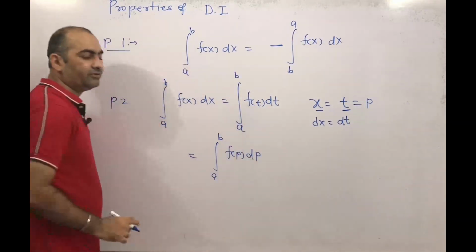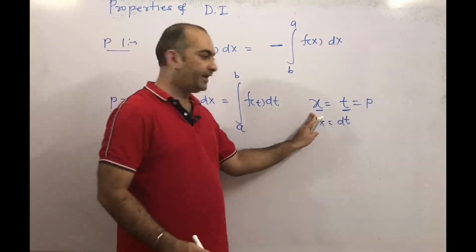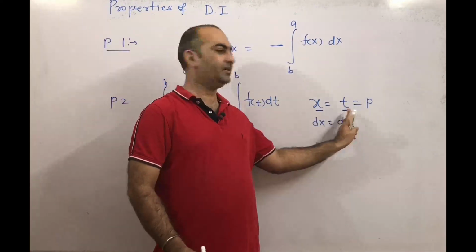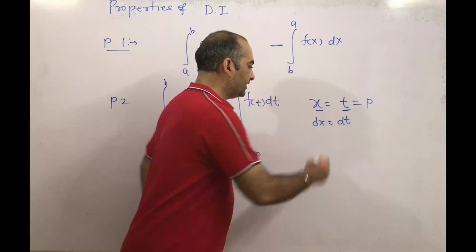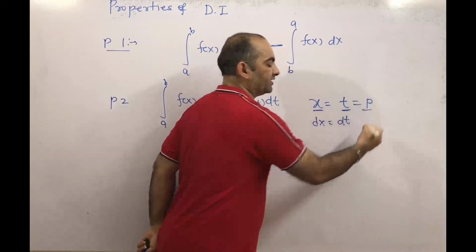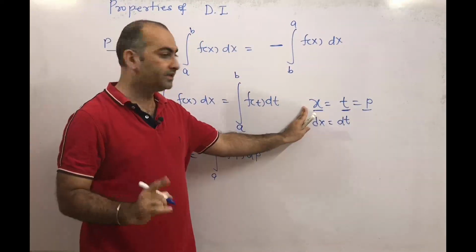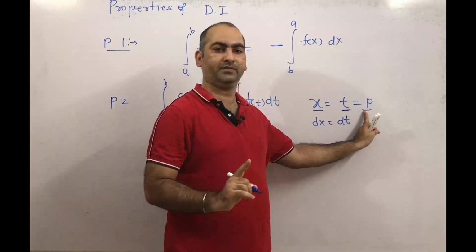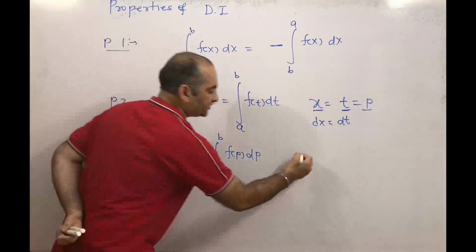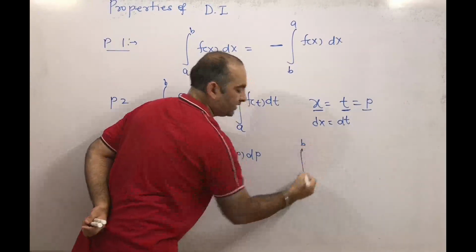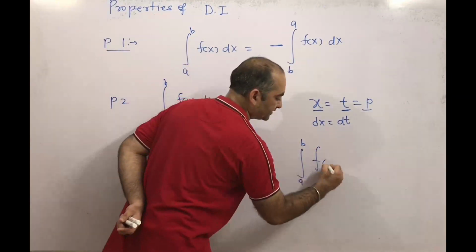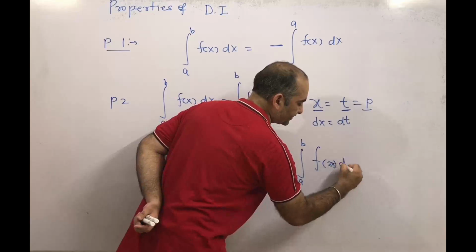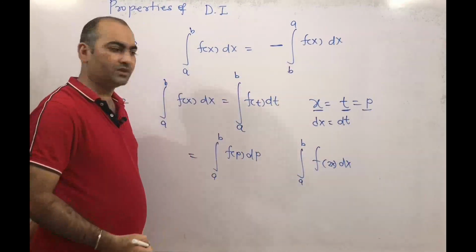The only thing we have to take care of is that x power 1, t power 1 and p power 1, and these are single terms. Coefficient of x is 1, t coefficient is 1, and p coefficient is 1. Correct? Suppose I have the integration from a to b of f(2x) dx.